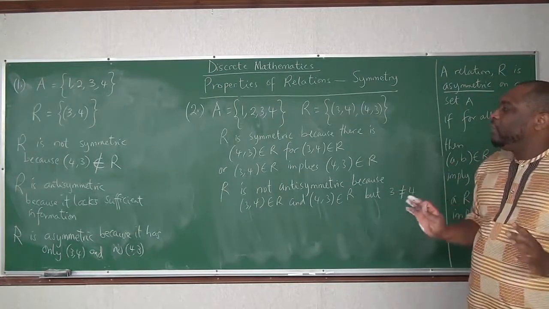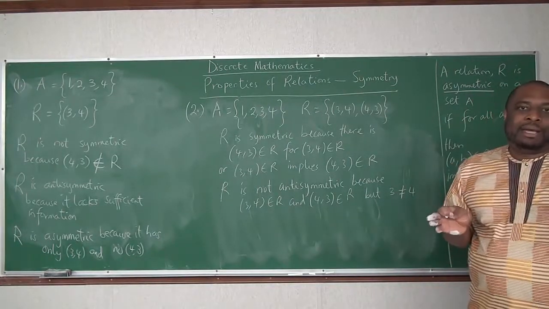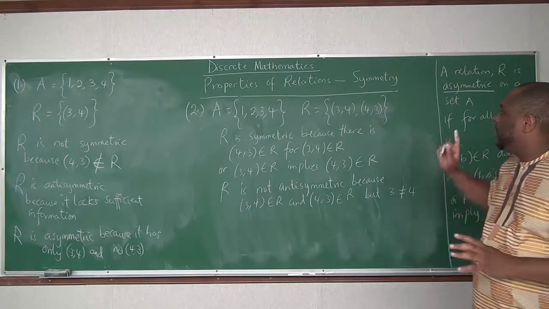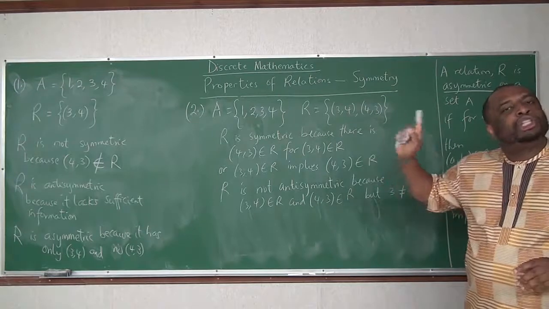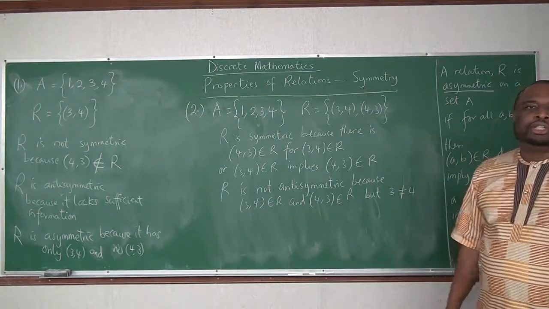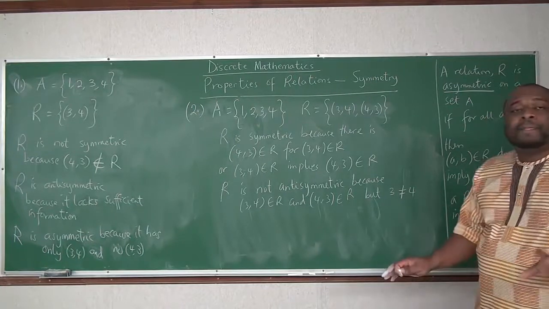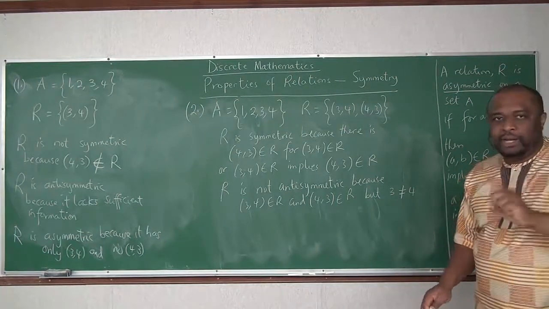Now, R is also not asymmetric. It is not asymmetric because if you have 3, 4, you should not have 4, 3. With asymmetric, if you have 3, 4, it should be one way, no 4, 3.